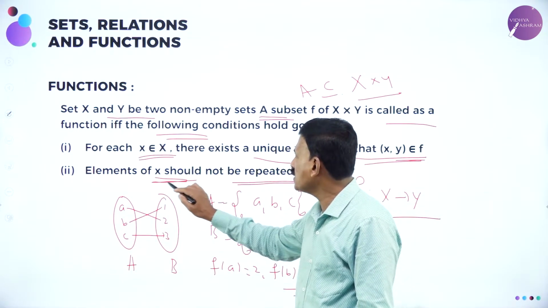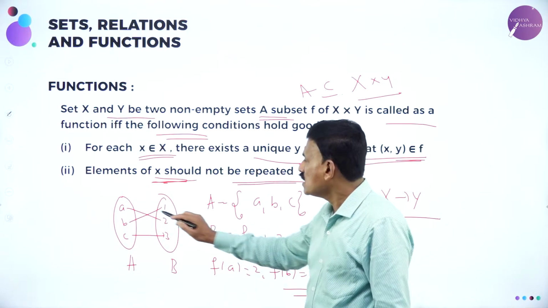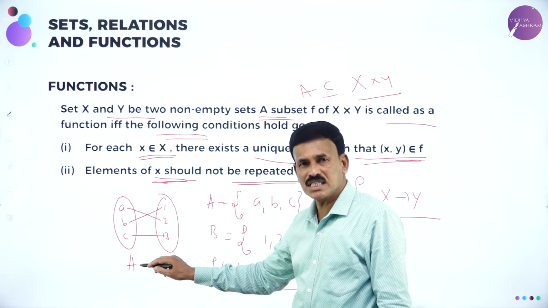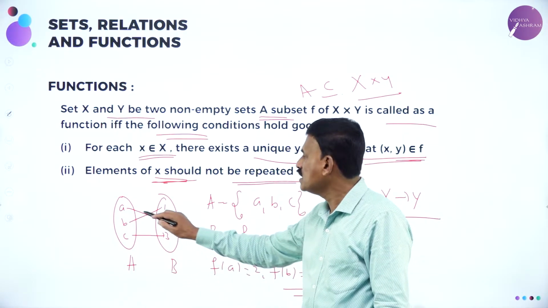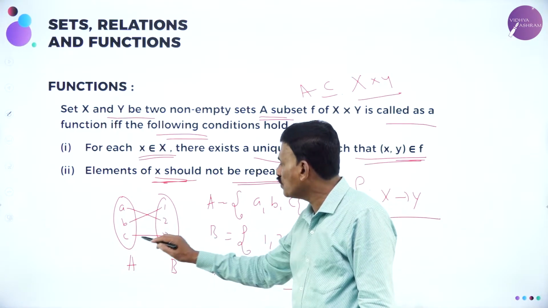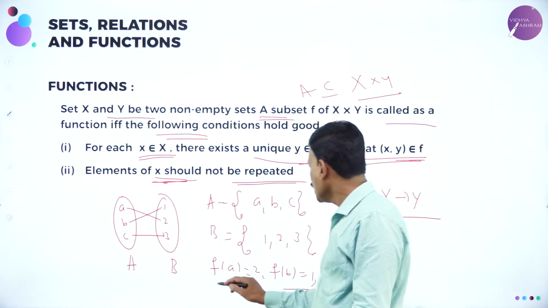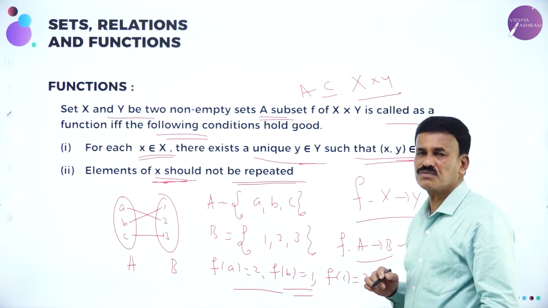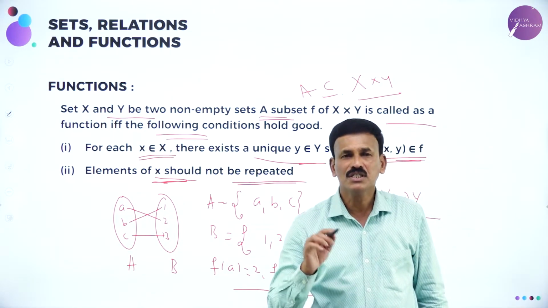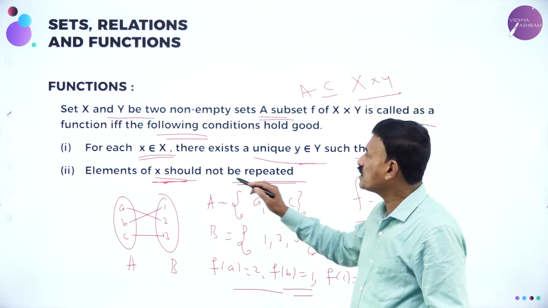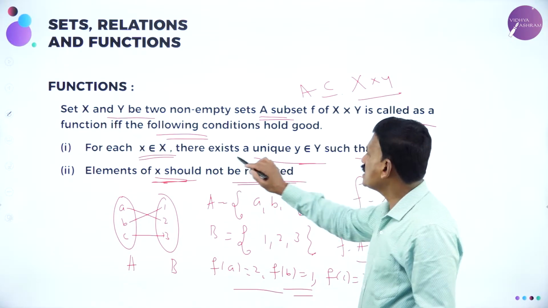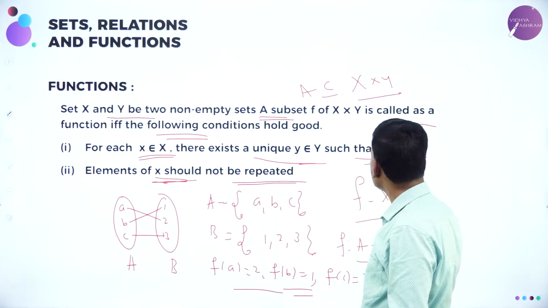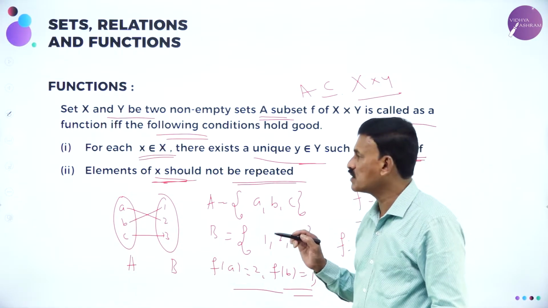Further, no element of the set A is repeated. Therefore, f from A to B is called a function. This is the definition of a function. Hope you got an idea. So a function is defined such that for every x belonging to X, there exists a unique element y belonging to Y such that (x, y) belongs to f.